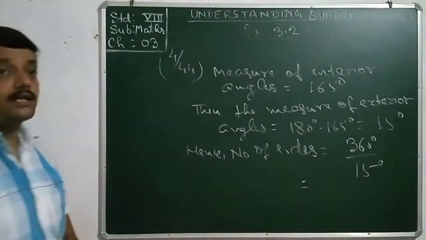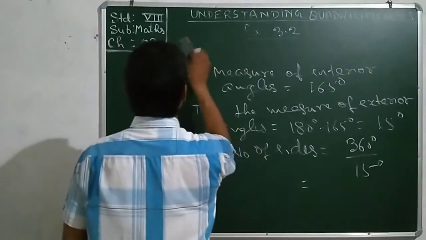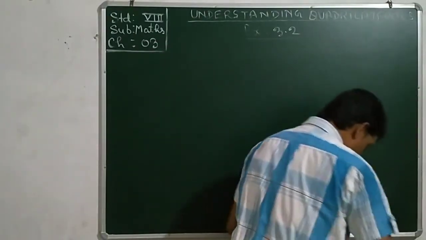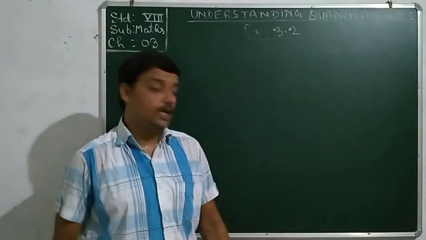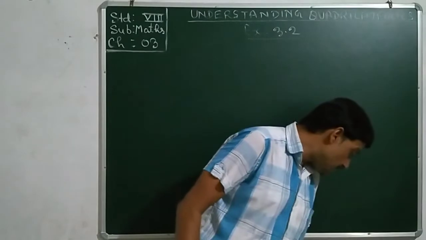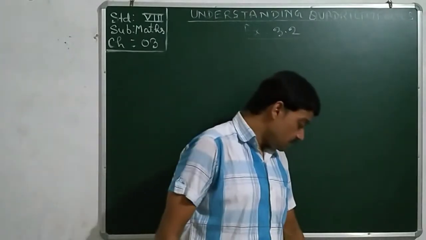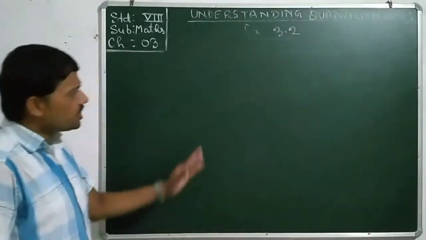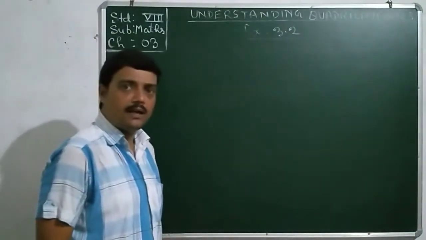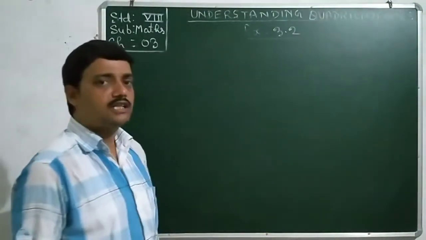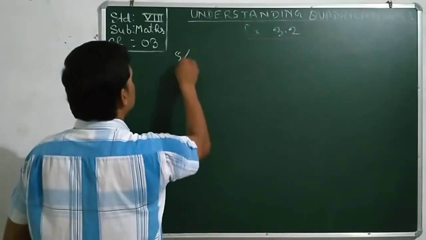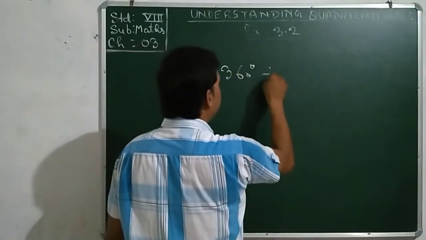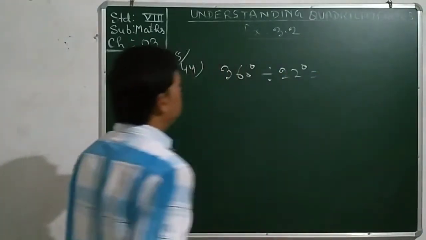Now after solving it, come to the 5 number sum. In the 5 number sum, is it possible to have a regular polygon with the measure of each exterior angle as 22 degree? 360 degree must be divisible by the given exterior angle, otherwise not possible. So to solve the 5 number, 360 degree divided by 22 degree, what would you get?